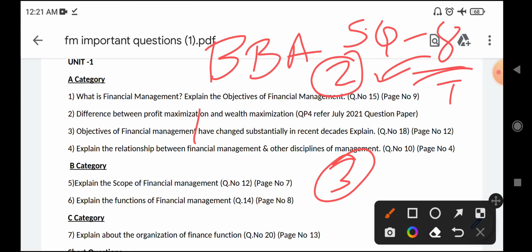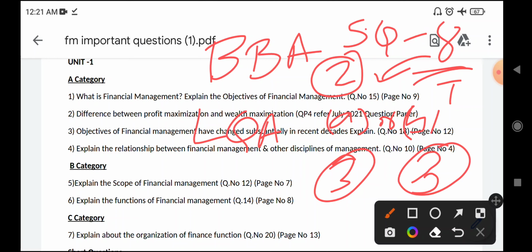And in long questions, one theory, one problem, A or B option is there. One theory, one problem may come in 3 units. The remaining 2 units will have options of theory only. So your major concern should be theory, not the problem.